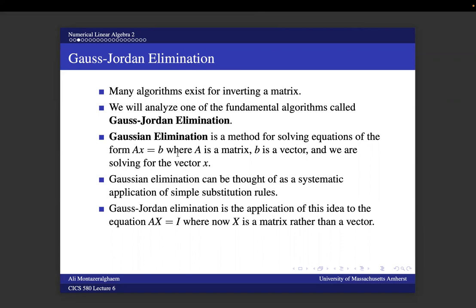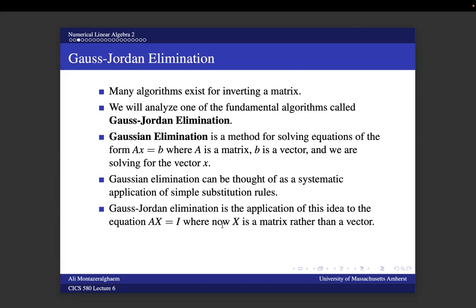And Gauss-Jordan elimination is the application of this idea. Instead of just having, for example, A times X is equal to B, we have AX is equal to the identity matrix.